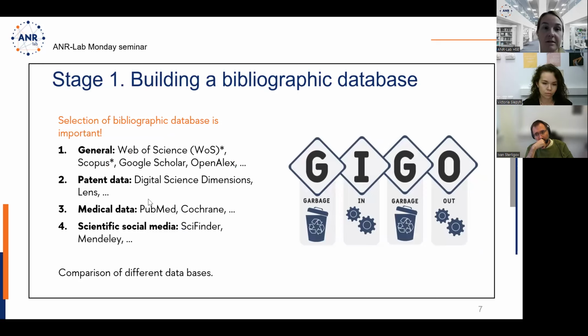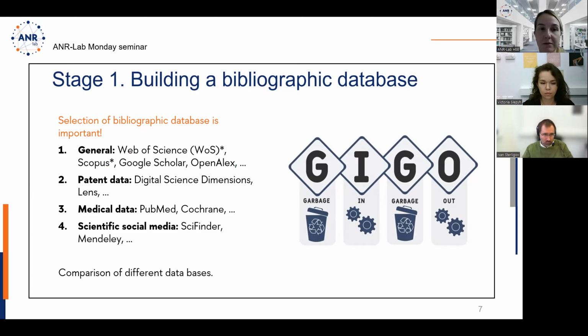Of course, selection of the bibliographic database is very important. We all know about the GIGO rule, garbage in, garbage out. If we have something which is not really good as input, then we will get some strange results as output.